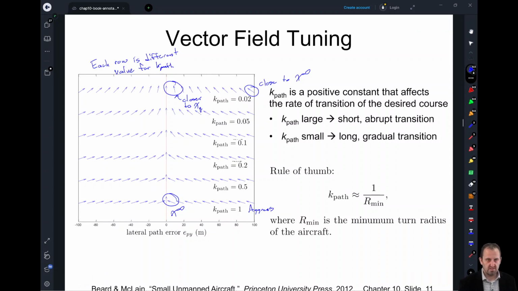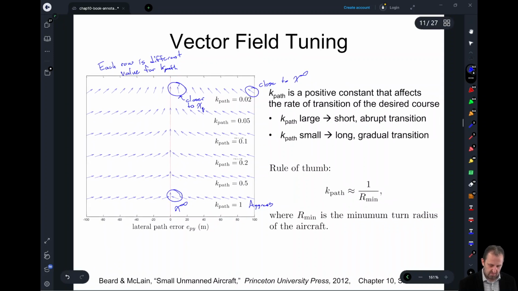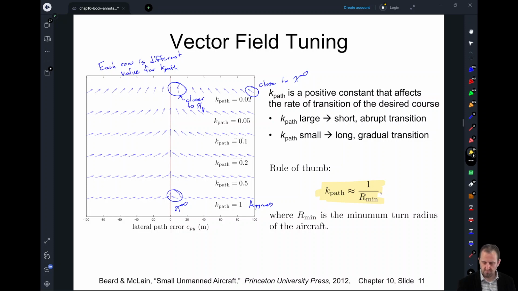So if it's large, we have this abrupt transition. Small, we have a long gradual one. A rule of thumb they give in the book is that you can relate k-path to your minimum turning radius. That's at least a good starting point.